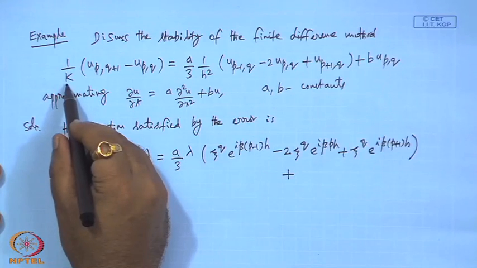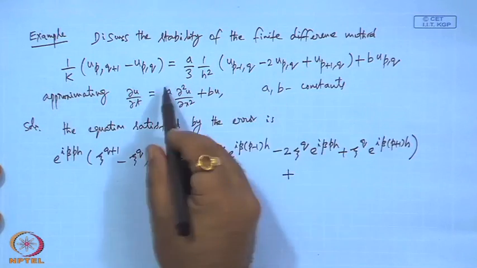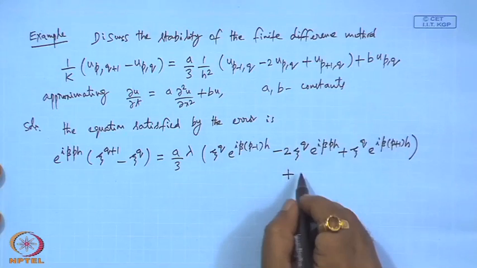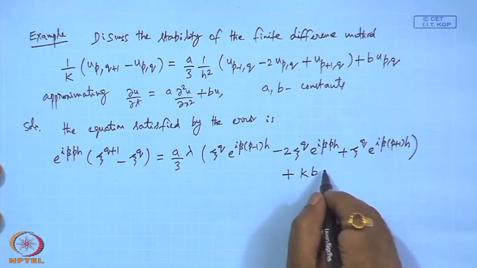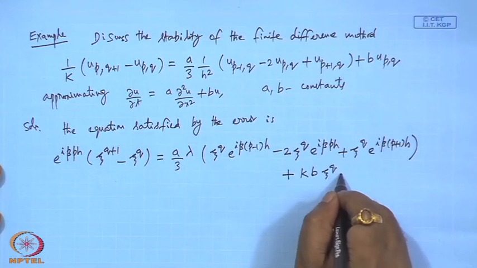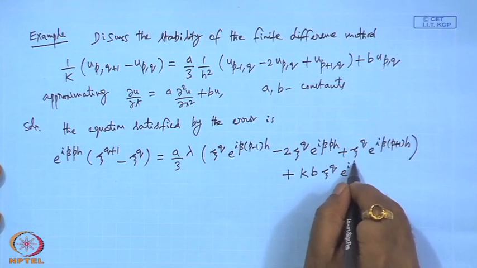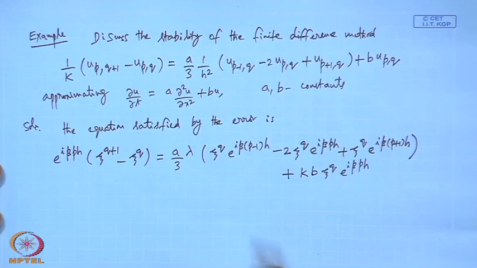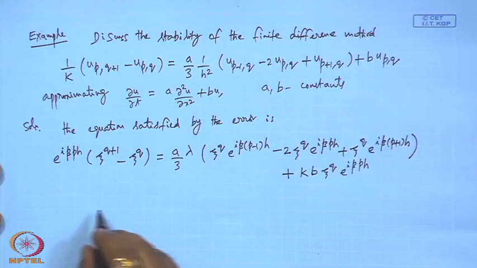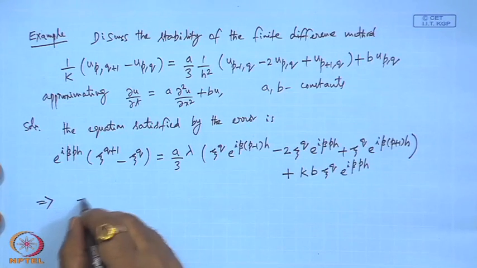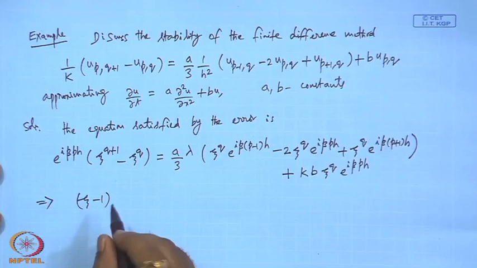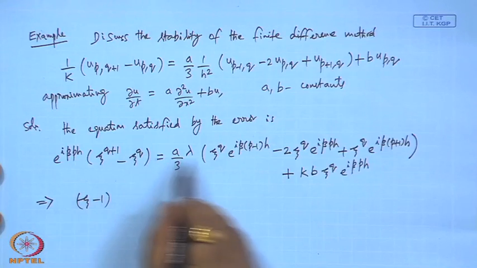Plus we have taken k to the right hand side. So, therefore, here we have k b. Okay. So, this on simplification, because zeta power q gets cancelled.